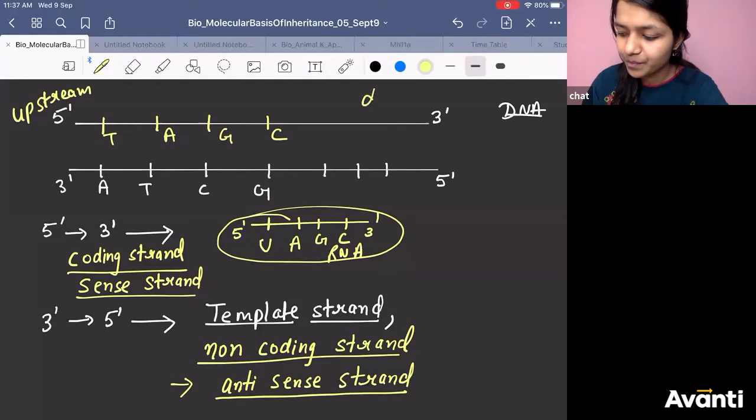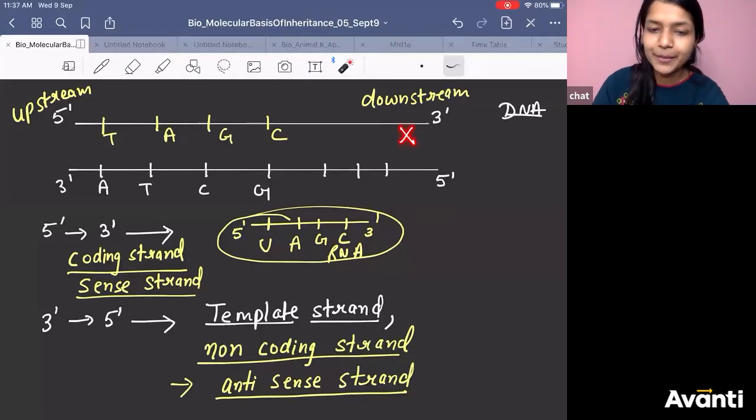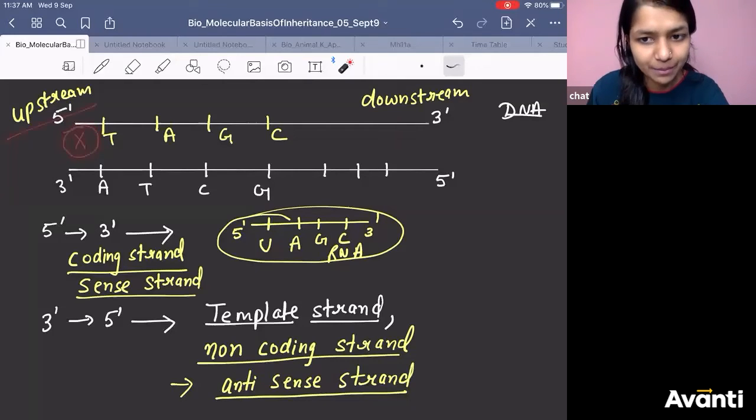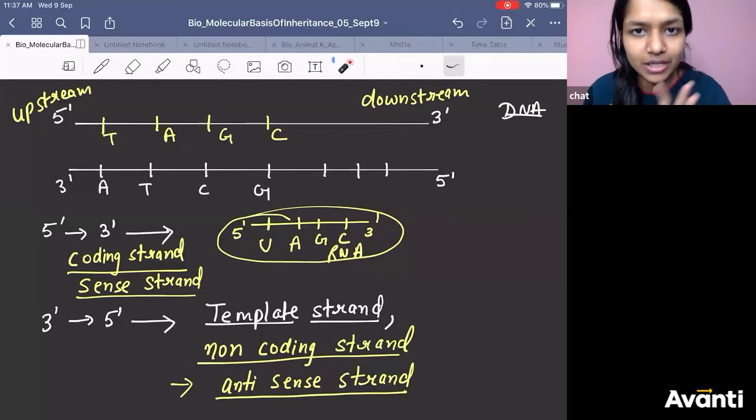Downstream. So now can I say that X is present in 3' downstream? X is present in 3' downstream. If I write X here, I will say X is present at 5' upstream. Okay, this is the convention.